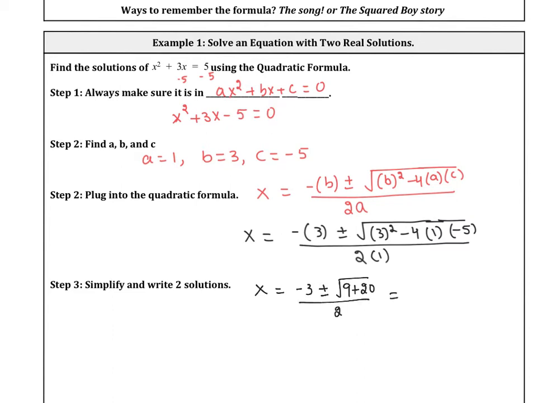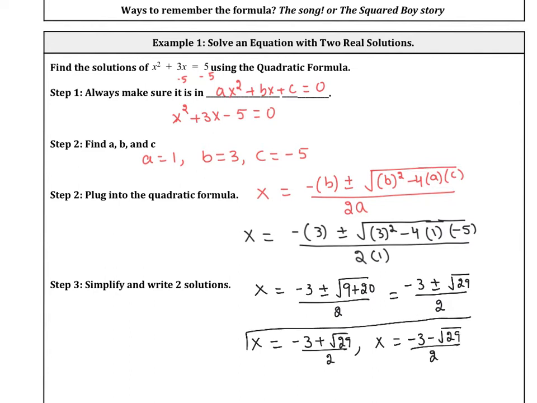So you get negative 3 plus or minus the square root of 29, over 2, and you have two answers: x equals negative 3 plus square root 29 divided by 2, comma, x equals negative 3 minus square root 29 divided by 2. So the two answers for this quadratic are these two solutions.